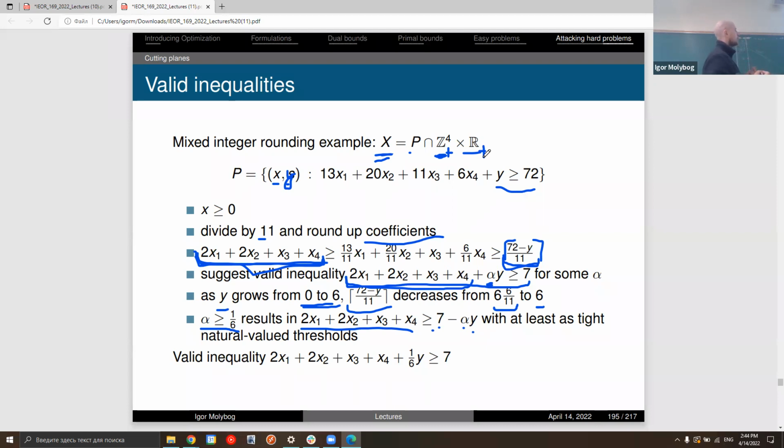We would like to come up with alpha so that these dotted lines also repeat the ceiling for 7 minus alpha y, and also like over here and over here. So any alpha such that the ceiling for 7 minus alpha y coincides with the ceiling for this number would work for us.